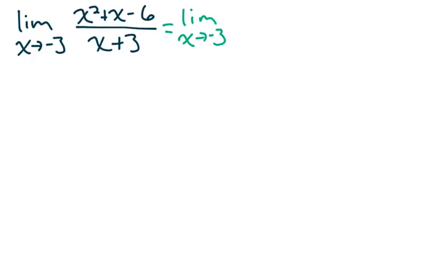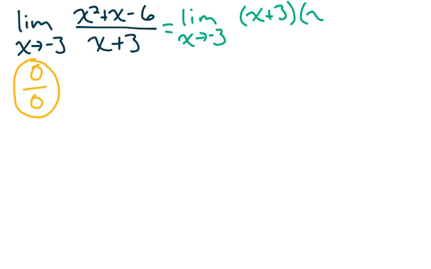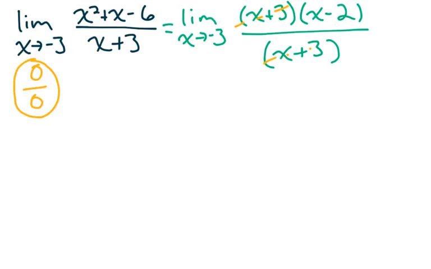So once again, we're getting 0 divided by 0. And we say, wait, something might go away if we just factor. We're hoping that one of the factors of the numerator is x plus 3, and yes, we can factor it to x plus 3 and x minus 2, and that way we get x plus 3 in both the numerator and the denominator. We divide those out and they become 1.